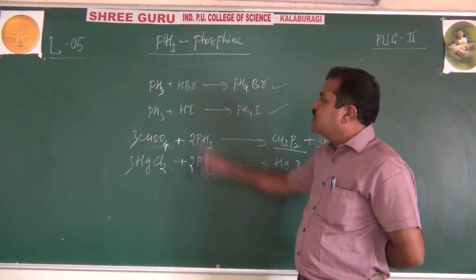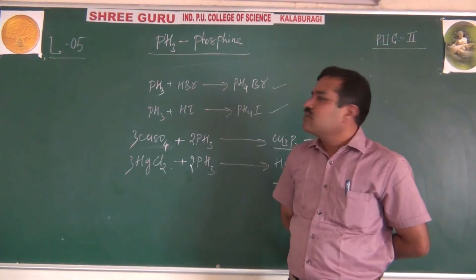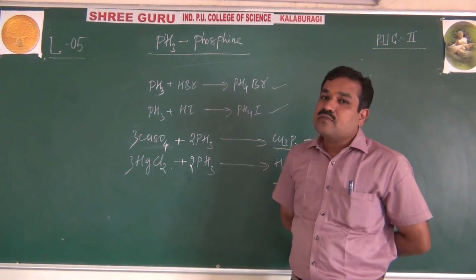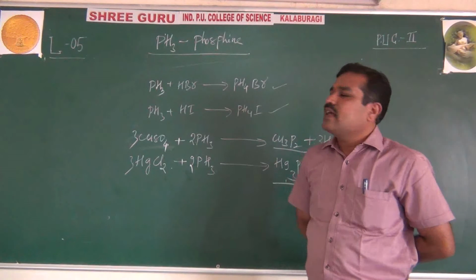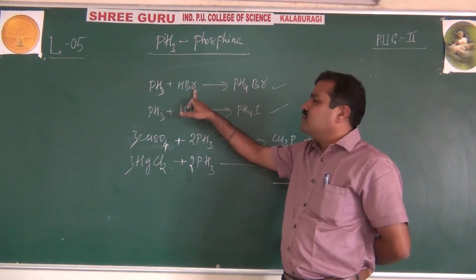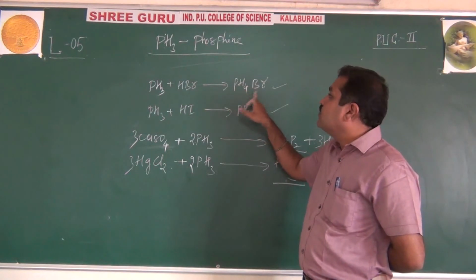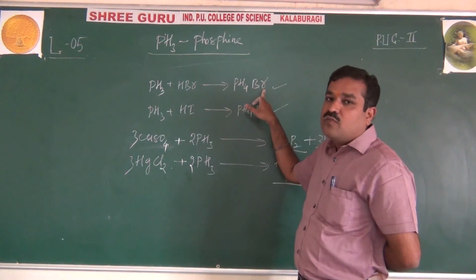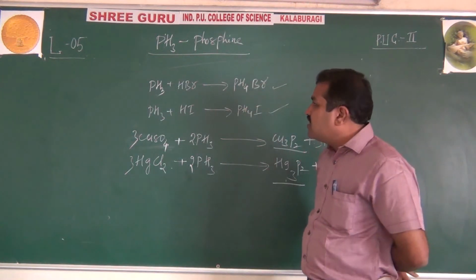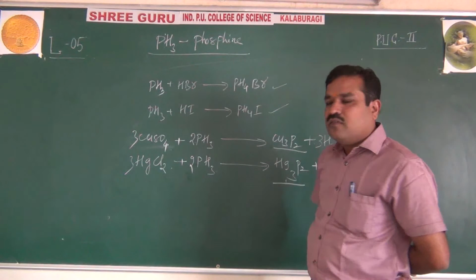It also reacts with HBr and HI to form PH4Br and PH4I, showing that they are Lewis bases, electron pair donors, not Lewis acids, because it has a lone pair of electrons to give. Like NH4I forms from ammonia, PH4I forms similarly. That is the reactivity of phosphine, especially with metals like copper sulfate and mercury chloride.